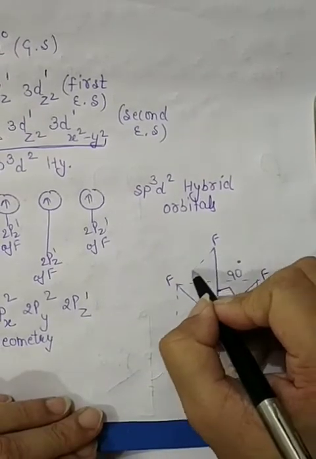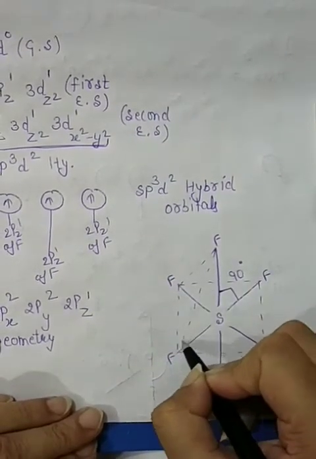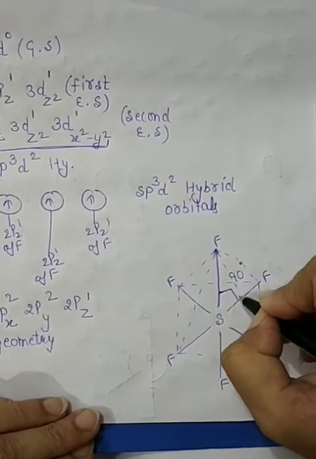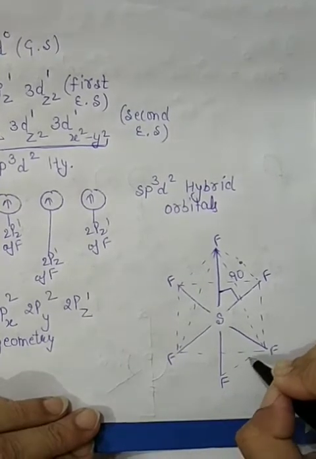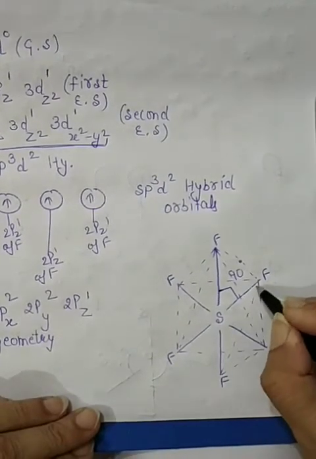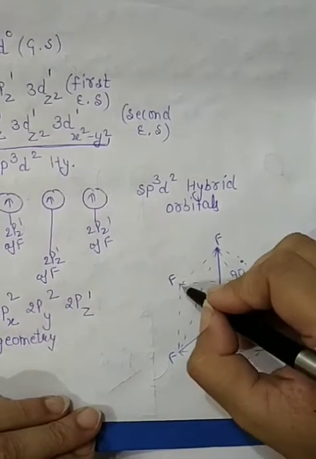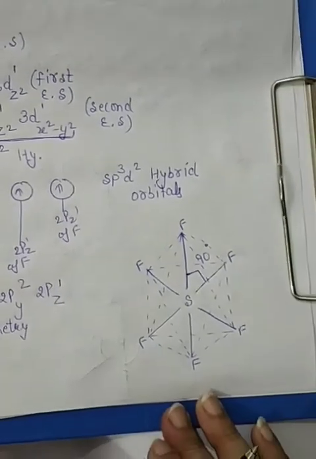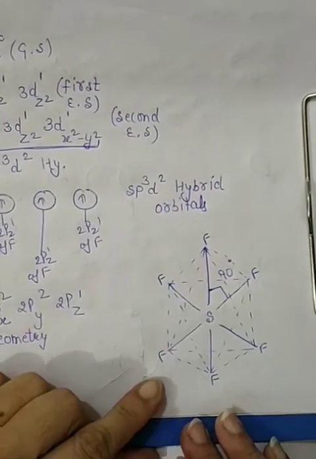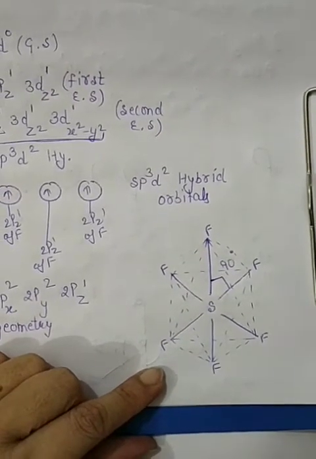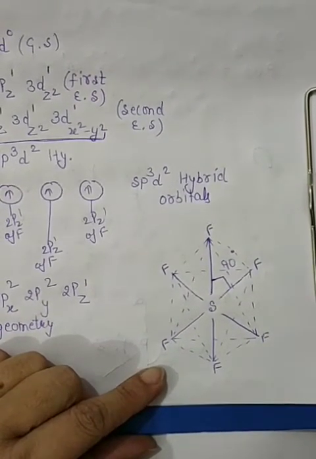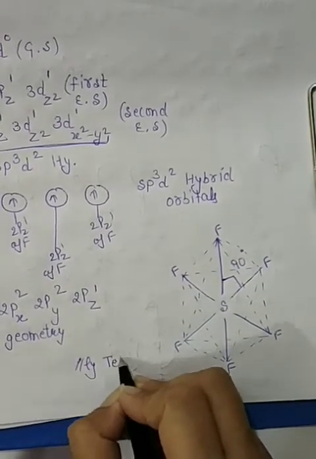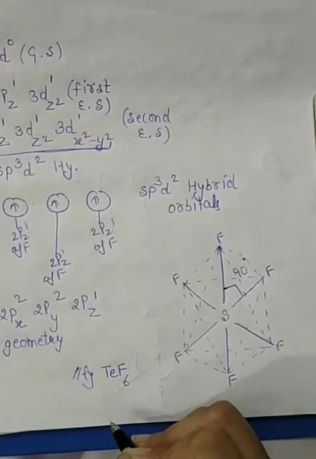For the geometry, link each bond with the other. By joining these bonds, it gives the geometry and structure of the compound. So this one is the octahedral geometry. Okay. Similarly, that is TeF6.